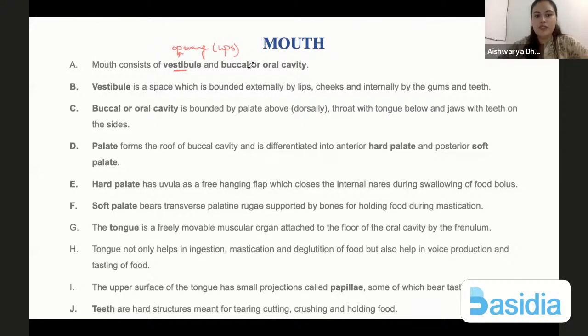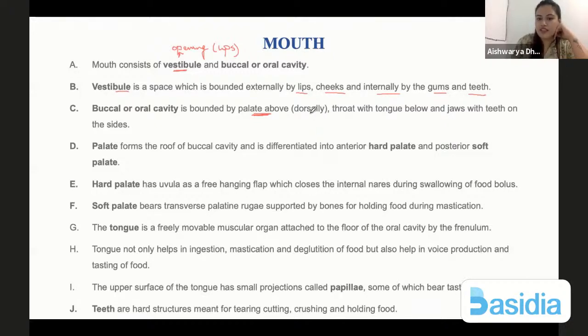Okay. Moving forward, it's already mentioned here, vestibule is a space which is bounded externally by lips, cheeks, and internally by gums and teeth. Coming to the buccal cavity or oral cavity, it is bounded by the palate above. So on the top portion, there is a palate. Usually we do not use the terms above or lower. Usually it is dorsal or ventral, posterior, anterior.